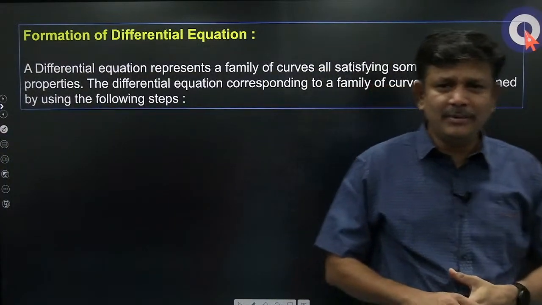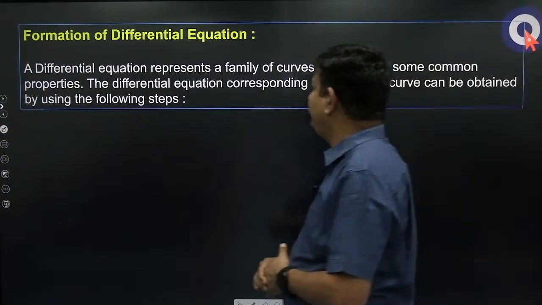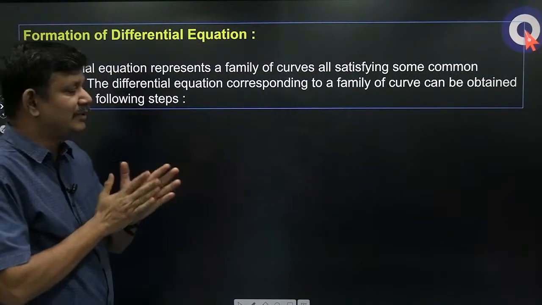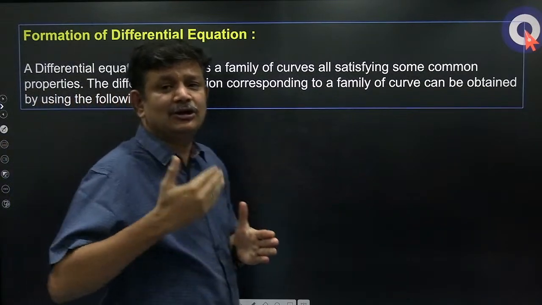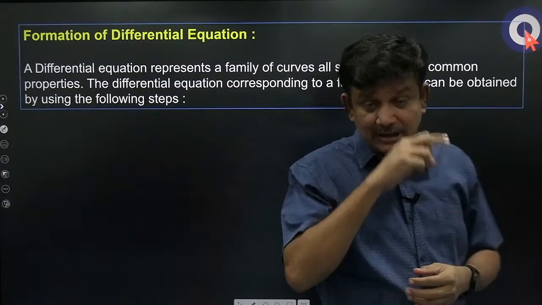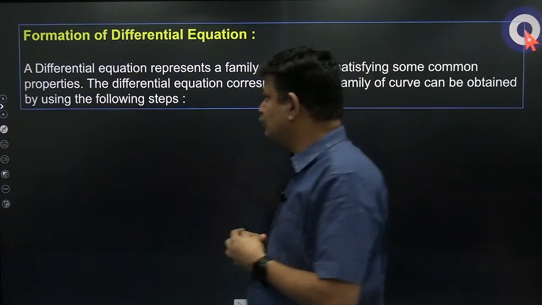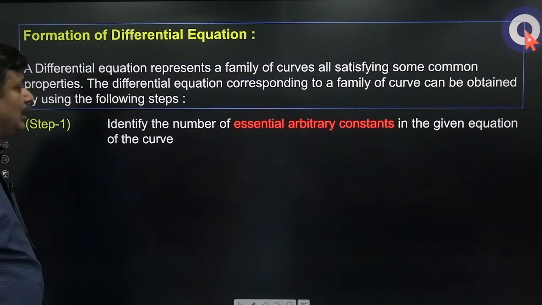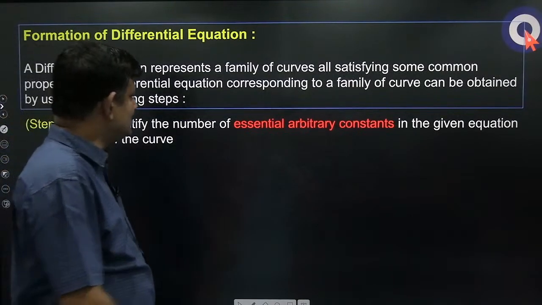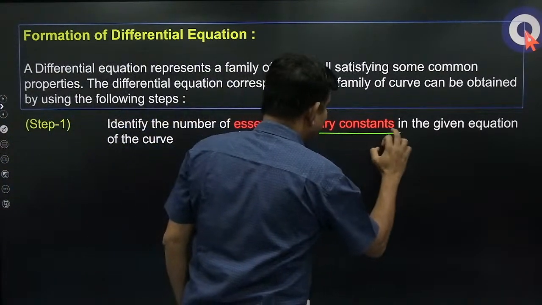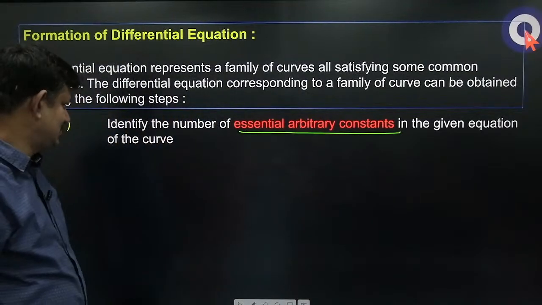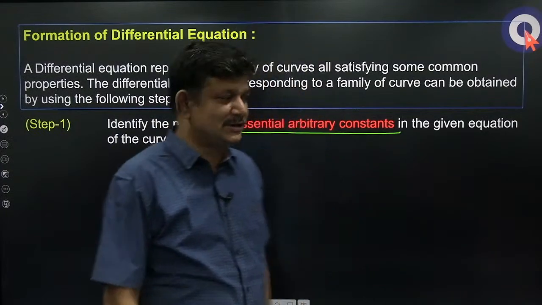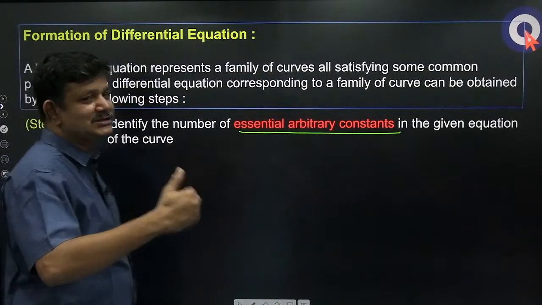Okay, so formation of a differential equation. Basically, you get a differential equation when there are some arbitrary constants in an equation. So what we need to do to find a differential equation? First, identify the number of essential arbitrary constants. ये essential arbitrary constants क्या होता है?